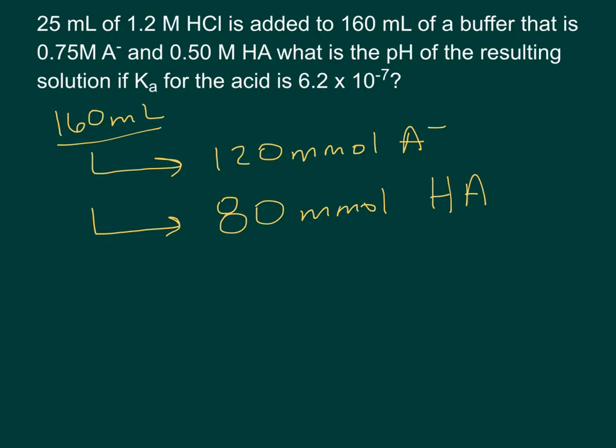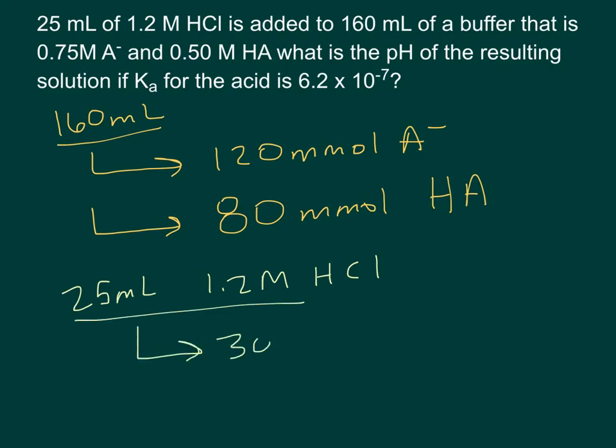Now to this buffer, I'm going to add 25 milliliters of strong acid, 1.2 molar HCl, and that represents 30 millimoles of HCl. Now we know that HCl is a strong acid, which means it's going to do its job, and its job is to donate an H+ to the best base available.